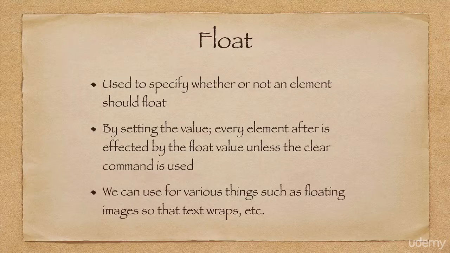So in that context, if for example you have a div, and inside that div you have an image and you have some text, what you can do is you can set your image to float left or right, and what happens then is the text will flow around that image.